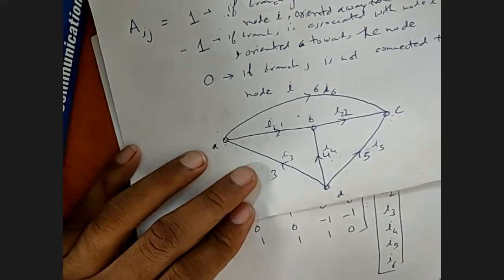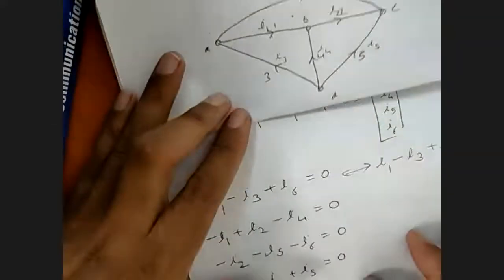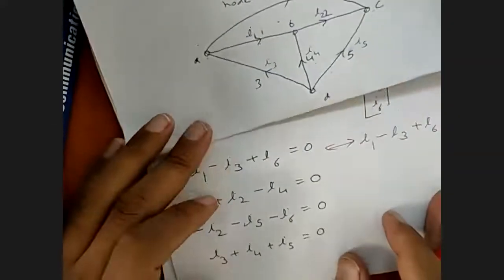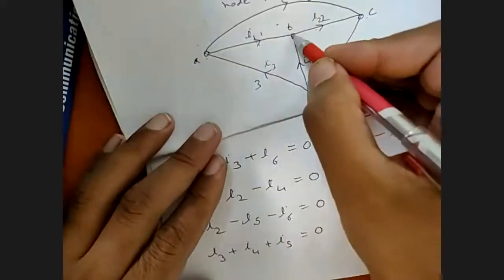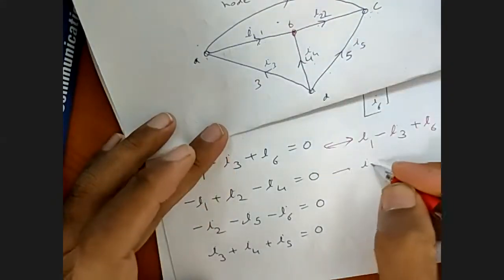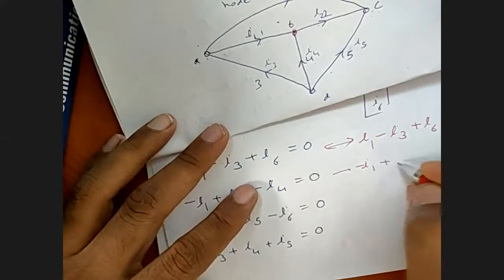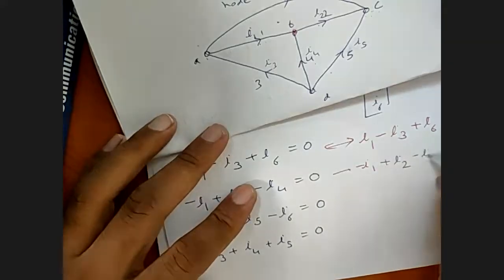Match it with equation number 1. At node B, minus I1 plus I2 minus I4 equal to 0.